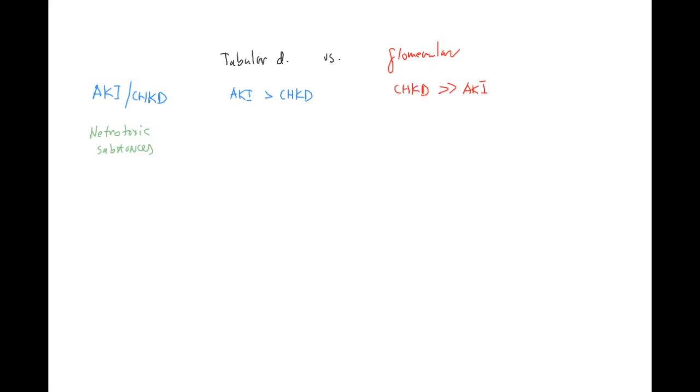So it's a very general group, and we talked about it already in the previous lectures. But remember, over here you should definitely imagine drugs. You should imagine ethylene glycol that can kill the kidneys right away. In contrast to this, we don't talk about toxins in terms of glomerular diseases.